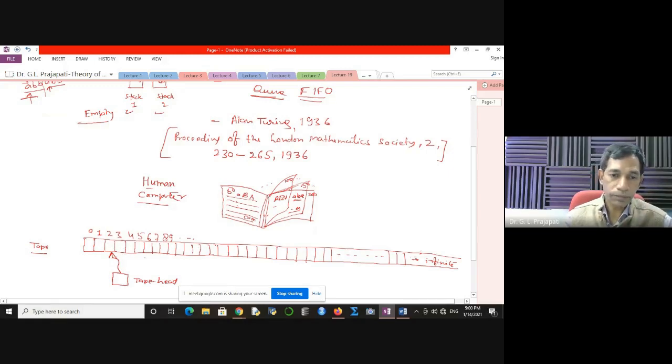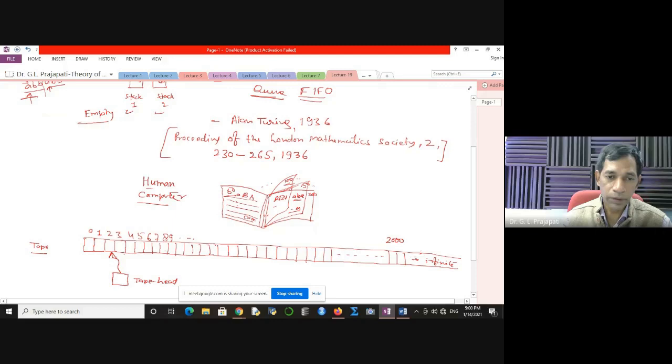The question is this: in the human case, if you are at page number 50, a human can jump from page 50 to page 100 directly. But in this restricted version, if you want to go from square 1 to, for example, square number 200 or 2000, whatever, a direct jump is not possible.